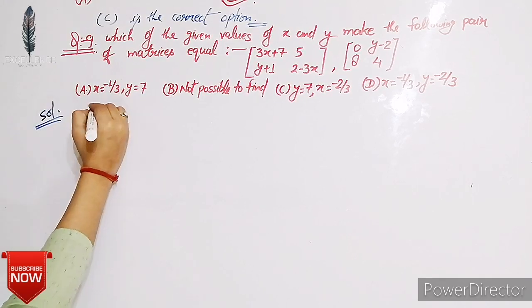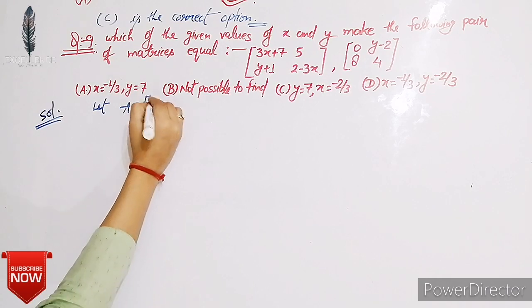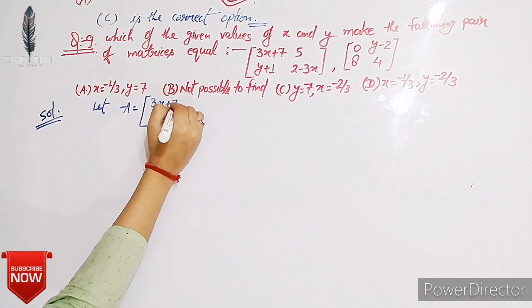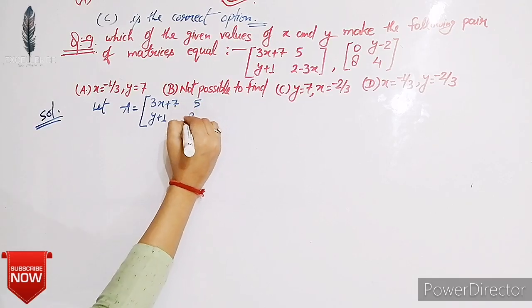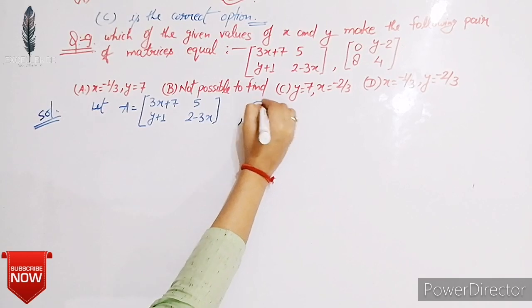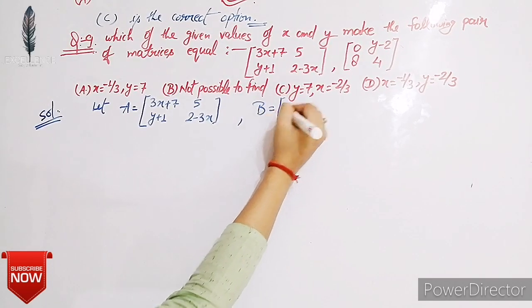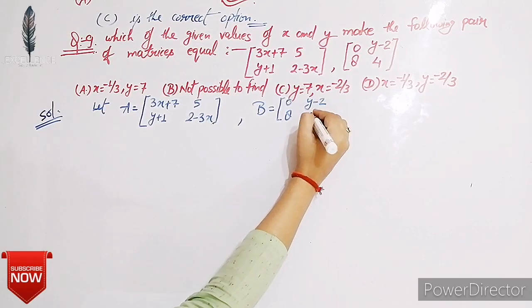Order same ही है. So let a equals 3x plus 7, y plus 1, 5, 2 minus 3x, our first matrix, and second b equals 0, 8, y minus 2 and 4.